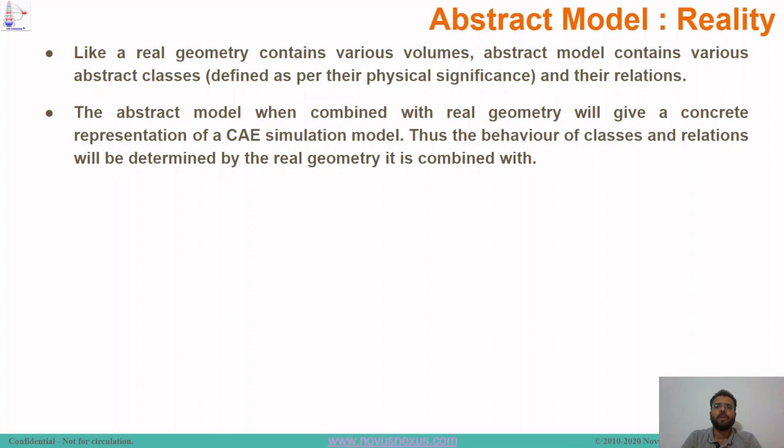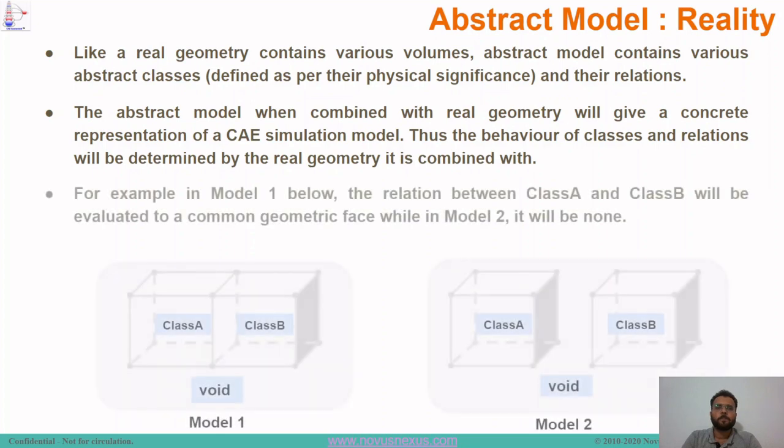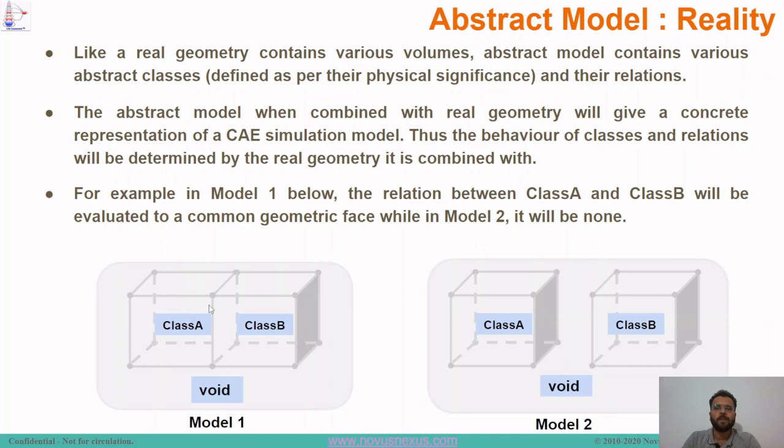Thus, the behavior of classes and the relations will be determined by the real geometry it is combined with. For example, in model 1 below, the relation between class A and class B will be evaluated to a common geometric face, while in model 2 it will be none.